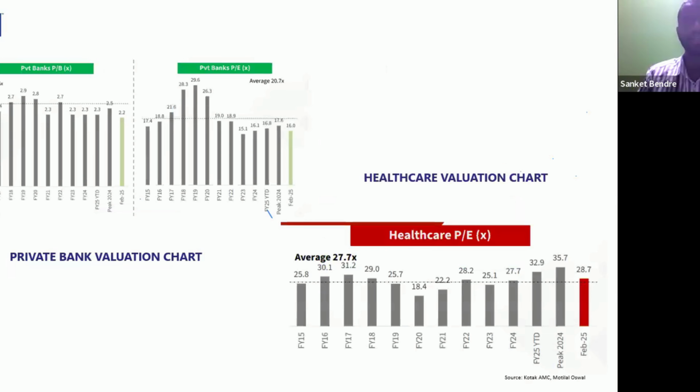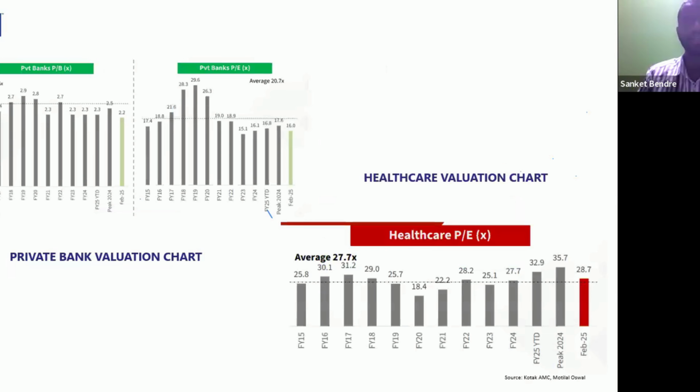And we saw that the valuation of private banks peaked in 2024 at 2.5x. So most of the companies, as we know, FIIs entered in the month of March, given the lower valuation of banking and financial services.